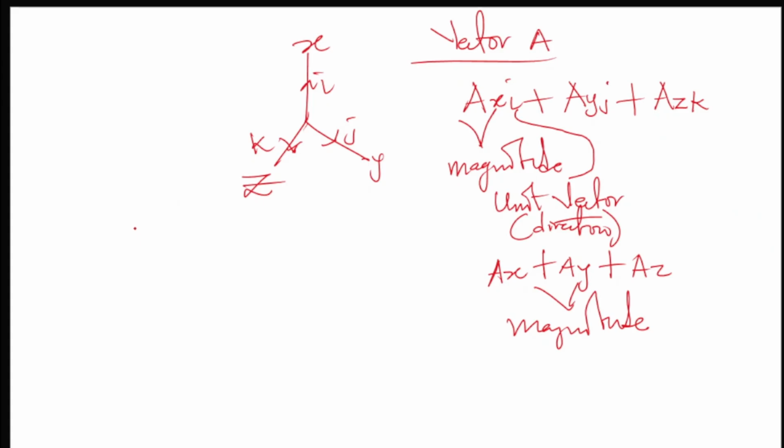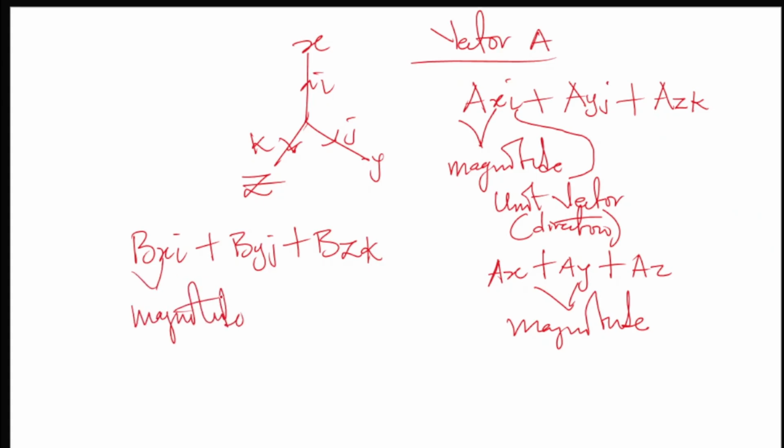Vector B will simply be Bx of i plus By of j plus Bz of k. Am I communicating? So basically you have your magnitude and you also have your direction. And your direction simply stands as your unit vector. Take note.